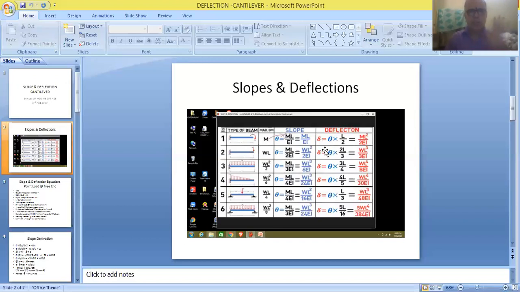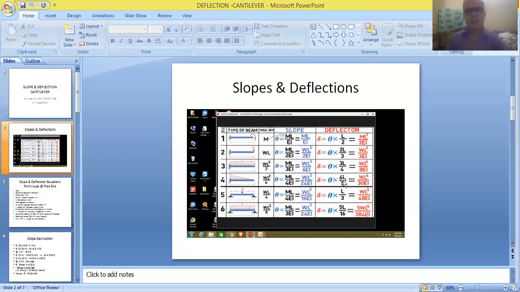So kindly look at this table, all the slope formulas and all the deflection formulas for cantilevers and simply supported beams, point loads and UDLs. In all the cases, these slope and deflection values are expressed in terms of 4 parameters: load acting on the beam, total length of the beam, Young's modulus of the material of the beam, and finally moment of inertia of the section.